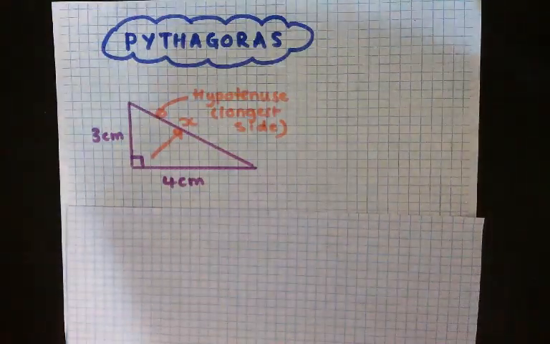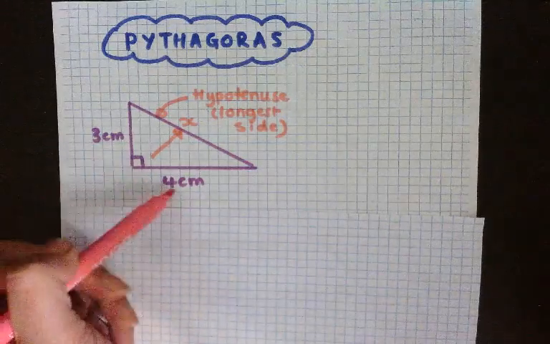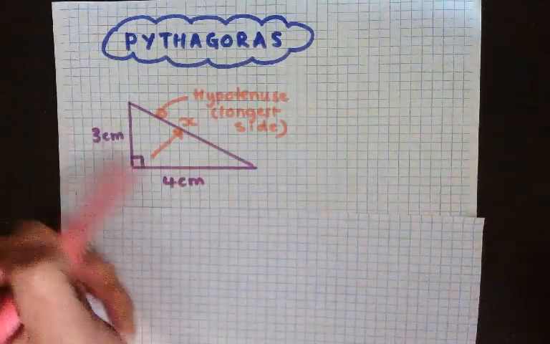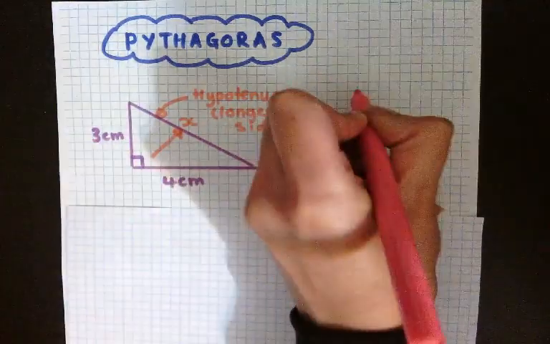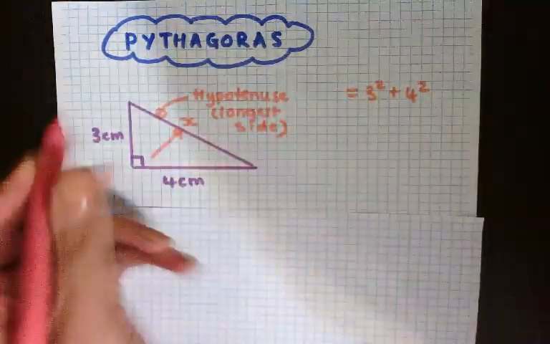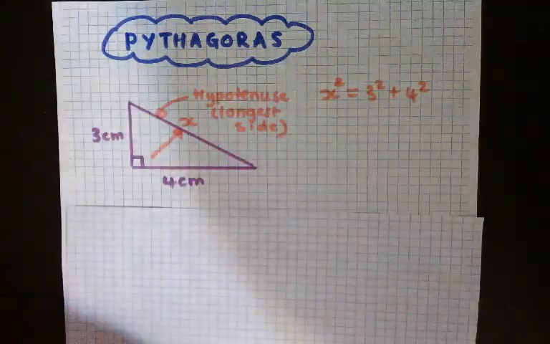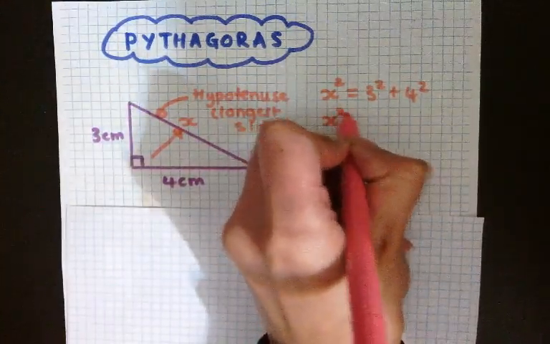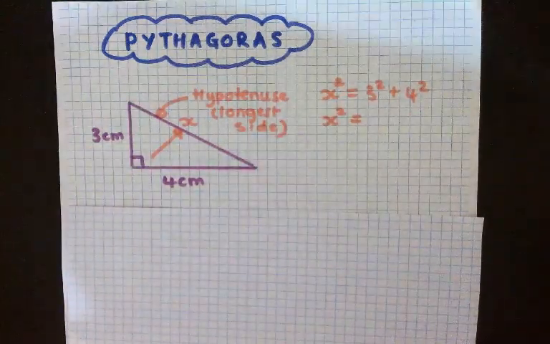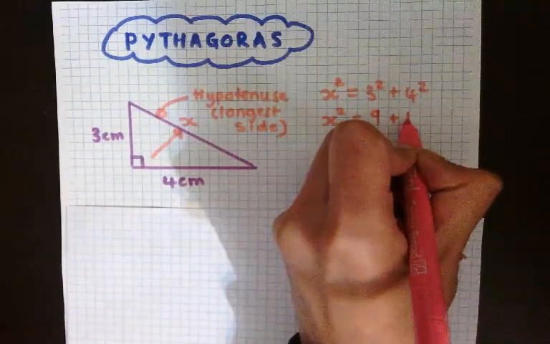So what Pythagoras discovered was if you square the 3 and the 4, the two shorter side lengths, and add them together, you get the square of the x. So x squared is equal to 3 squared, 3 times 3 is 9, plus 4 times 4, which is 16.